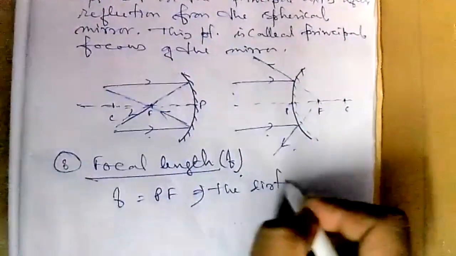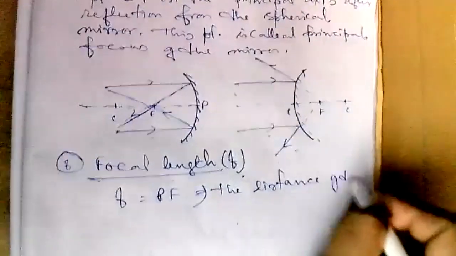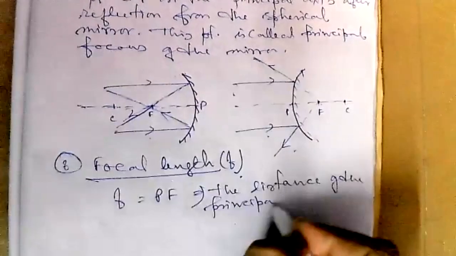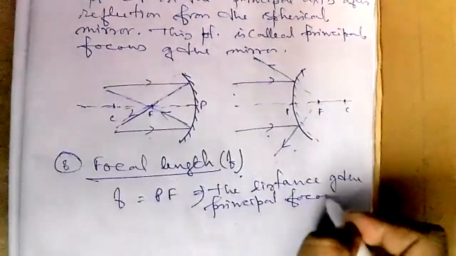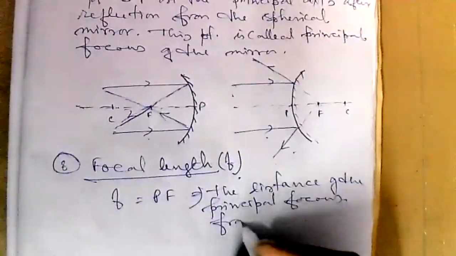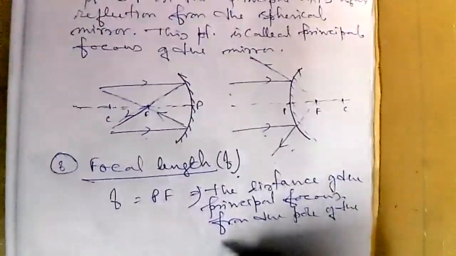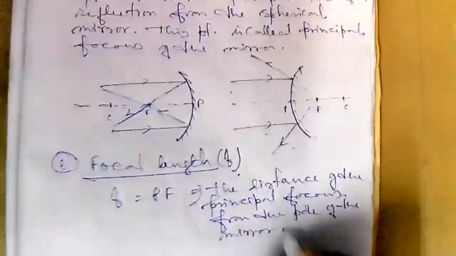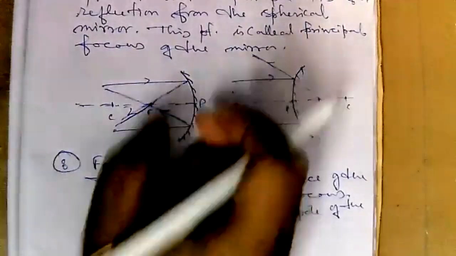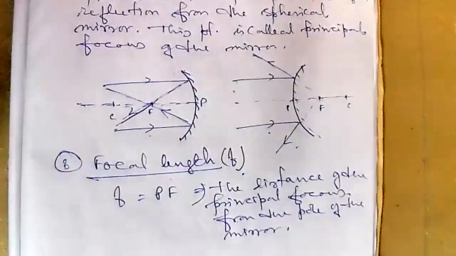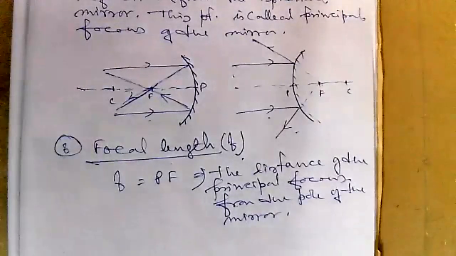The distance of the principal focus from the pole of the mirror. So this distance, PF, is called the focal length of the mirror.